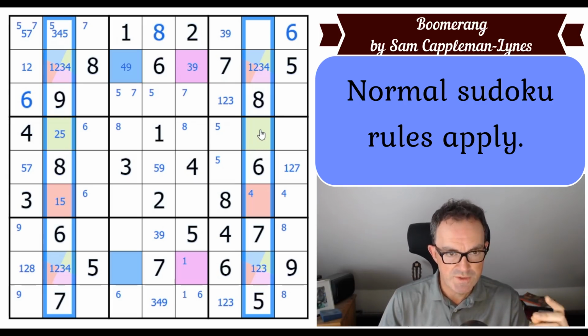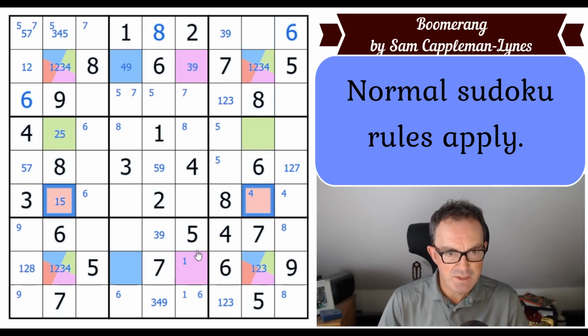Now, you can't put both of them in row 6, because then you'll repeat a digit in row 6 and break the rules of Sudoku. So you've got to put a 1 in one of these cells, because these are the only 4 cells in those 2 columns that are capable of taking 1s if we can't put both 1s in there. So one of these cells, at least, is a 1.